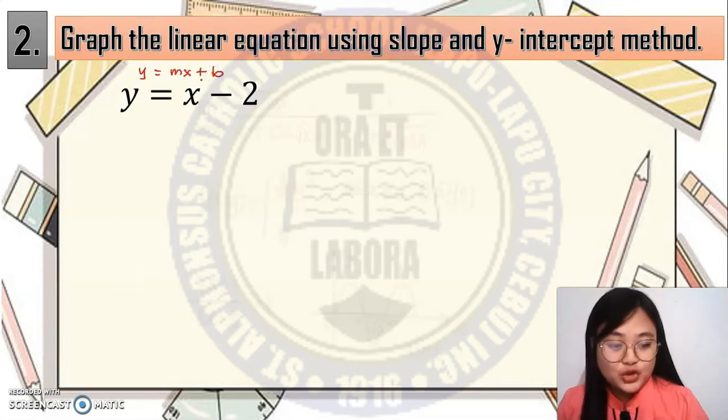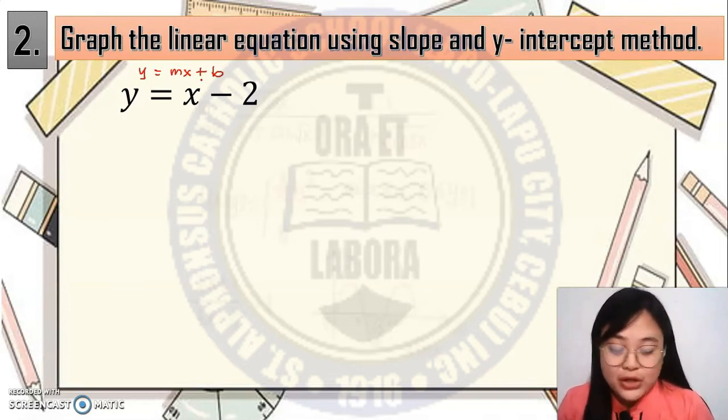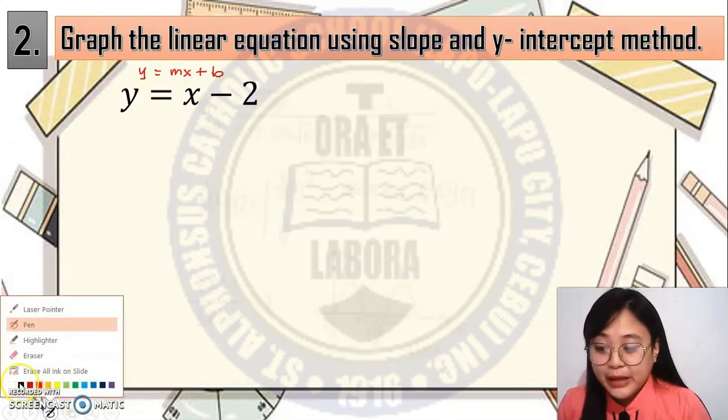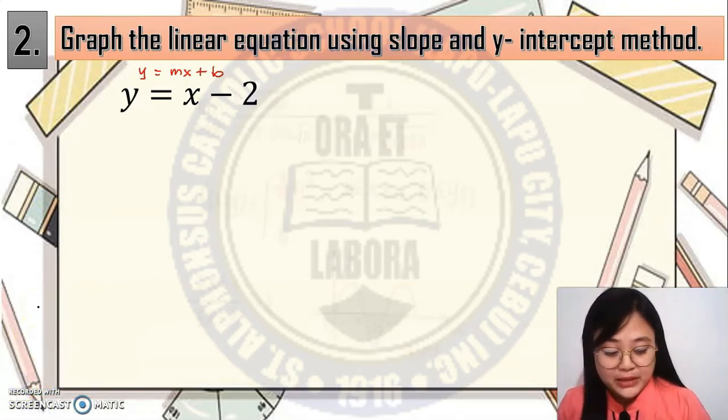And after thorough analysis, we determine that this given is in slope-intercept form, so no need for us to transform it. Then we're going to identify directly the m and the b.